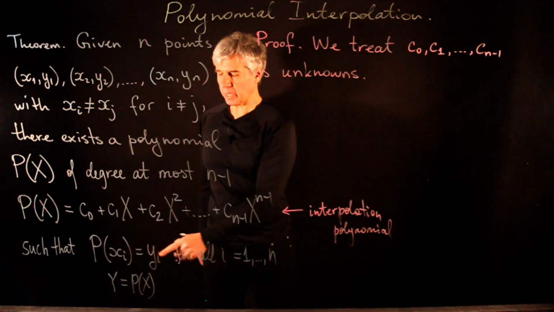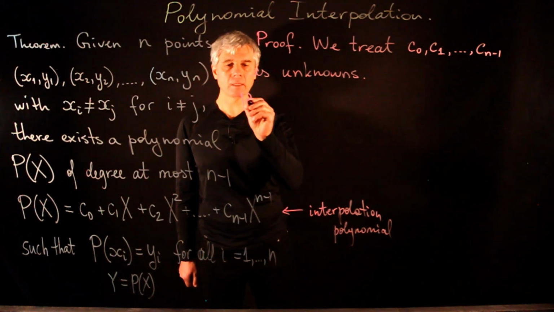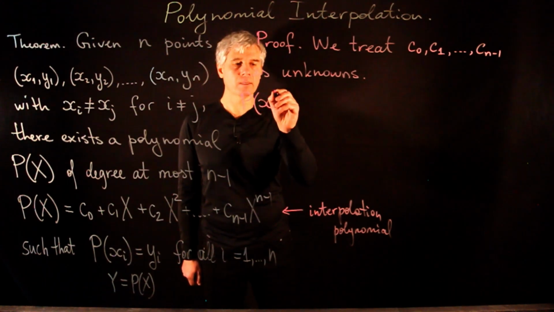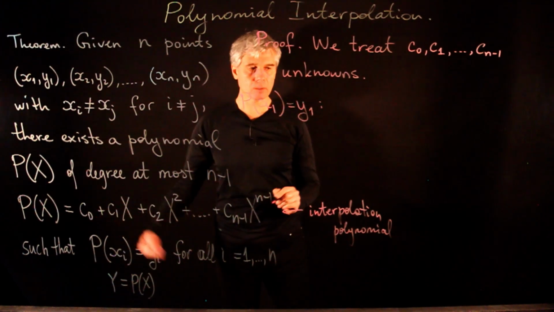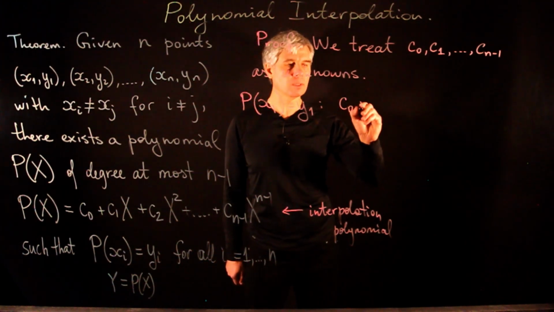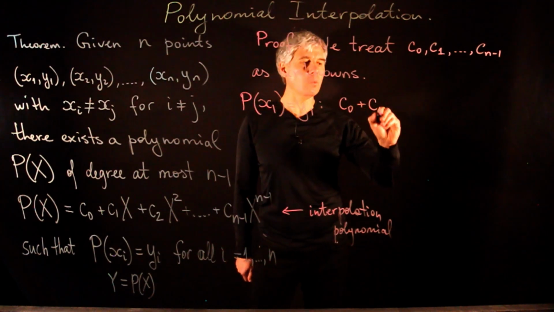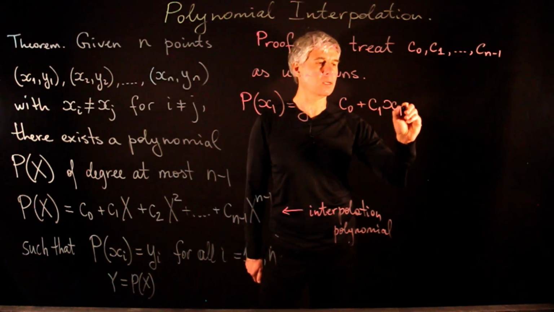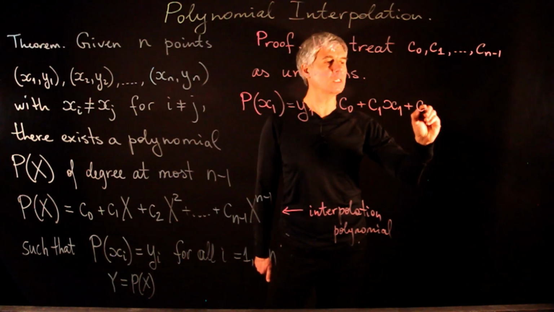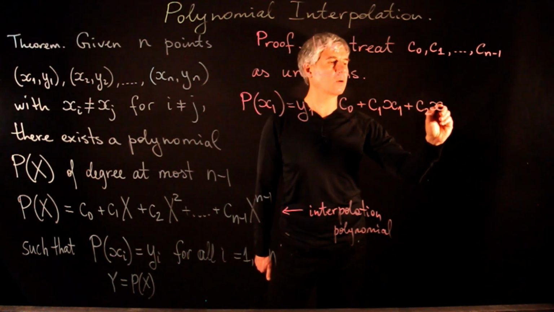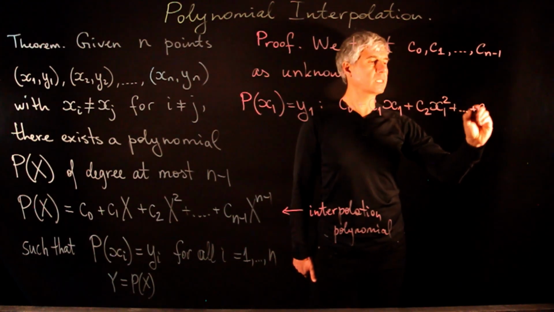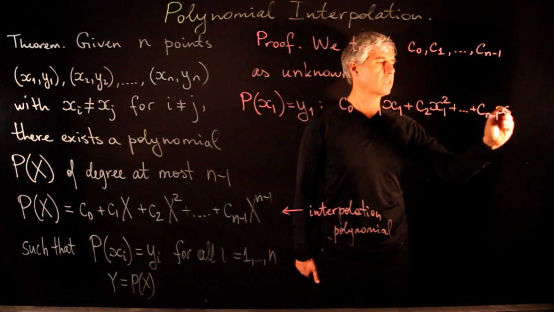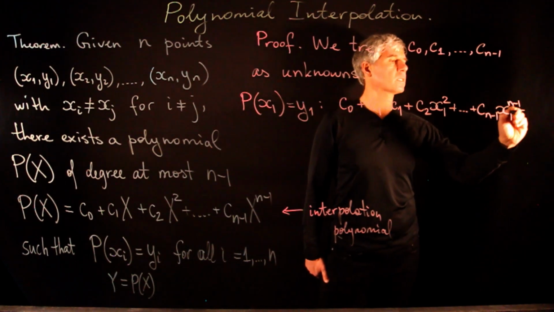The constraints that we have is that p of x1 must be equal to y1. So what does this mean? So this means that c0 plus c1 x1 plus c2 x1 squared plus ... plus c(n minus 1) x1 to the n minus 1 is equal to y1.